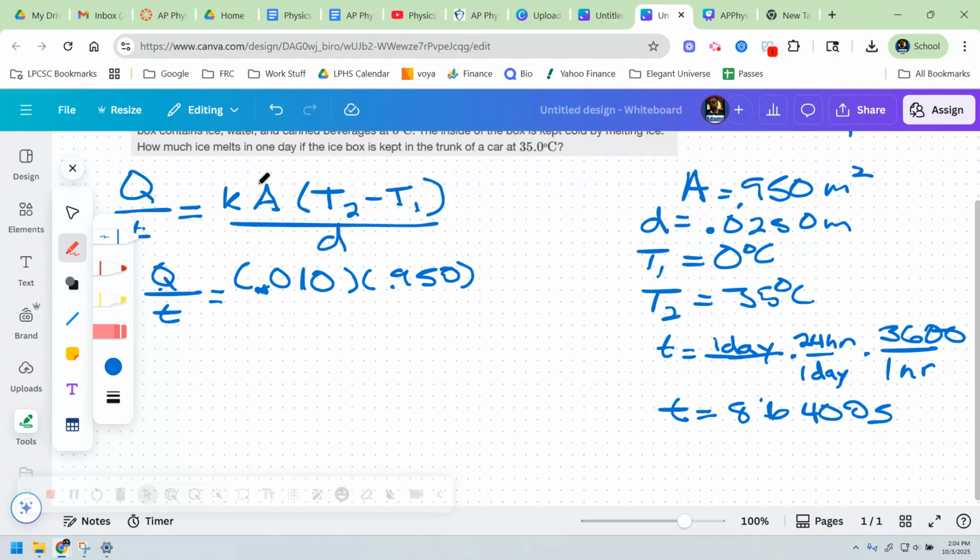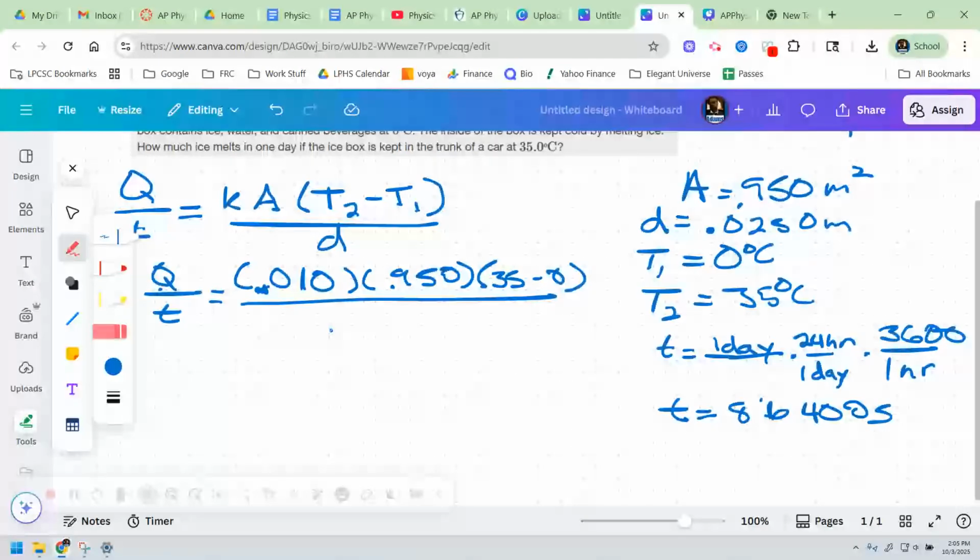That's the area they gave us, and then the difference in temperature, so this would be 35 minus 0, all over the thickness, and remember the thickness has to be in meters. Yes, because I'm just double checking.